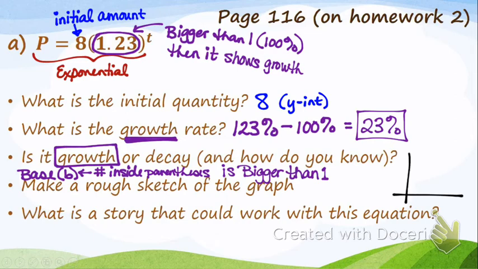Where does it start? What's the initial amount, the y-intercept? 8. So it's going to go through the 8, and it's going to curve upwards. Remember, it's never going to drop below the x-axis. There's no way it could become negative.